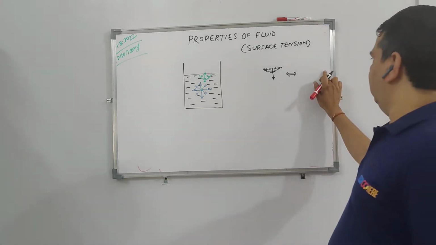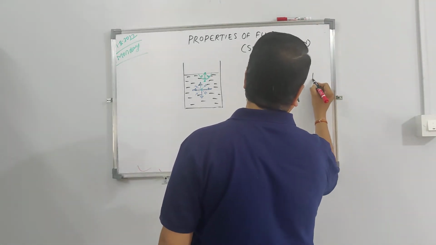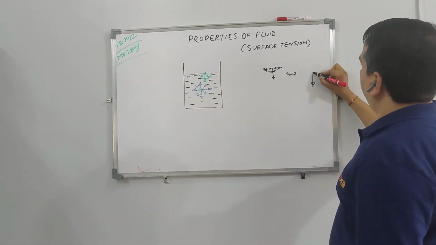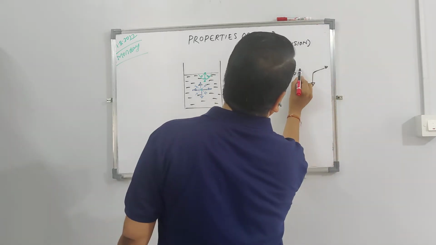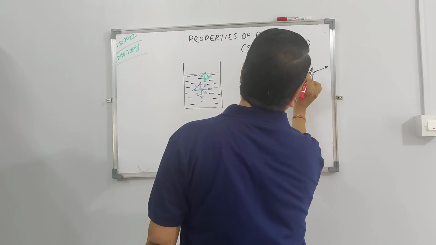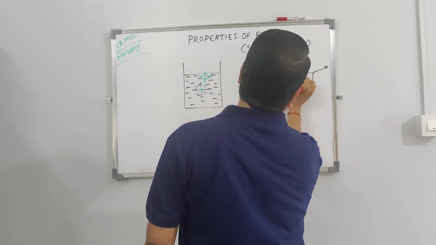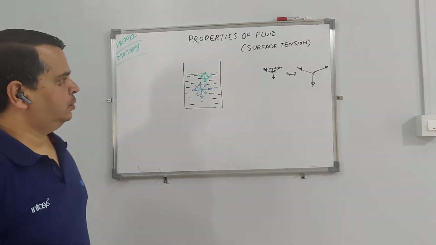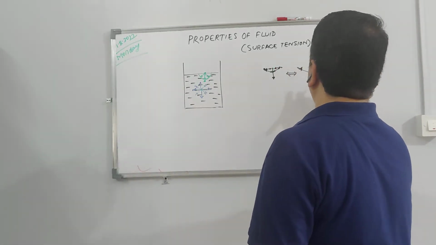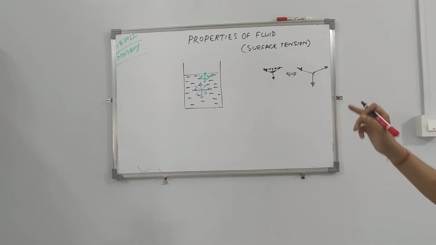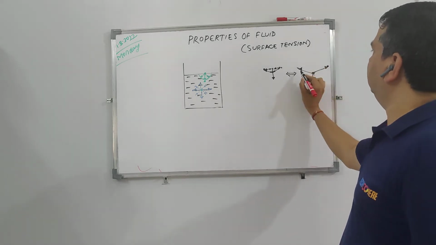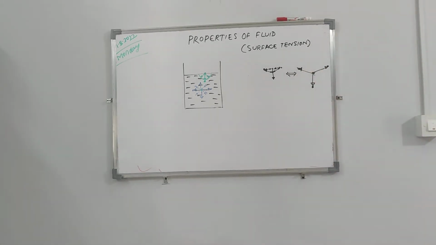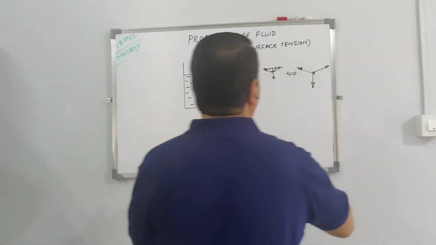The final equilibrium condition will be something like this. You have a downward force, and you have two upward forces like this. Understood? One downward force is pulling it down because of the cohesion from the molecule lying below, and here you have another molecule on each side.